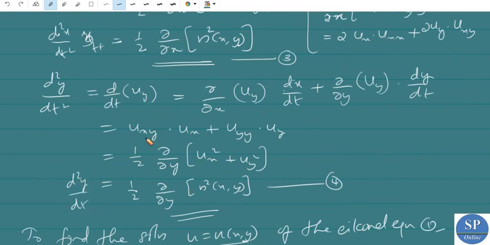These are independent of u_x and u_y, and also independent of u. So we got two second order differential equations, and along with the initial condition of x, y, u, we have to introduce the initial conditions of the derivatives x_t and y_t also.